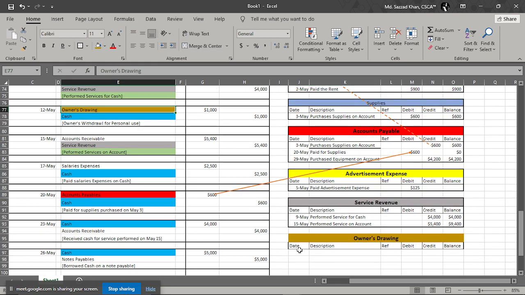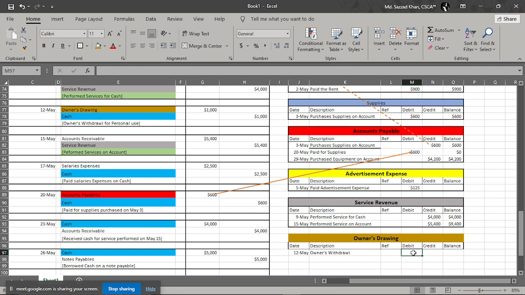So how did it affect the balance? It was on May 12th. What was the description? Owner's withdrawal. Okay. How did it affect the balance? It affected the debit balance.